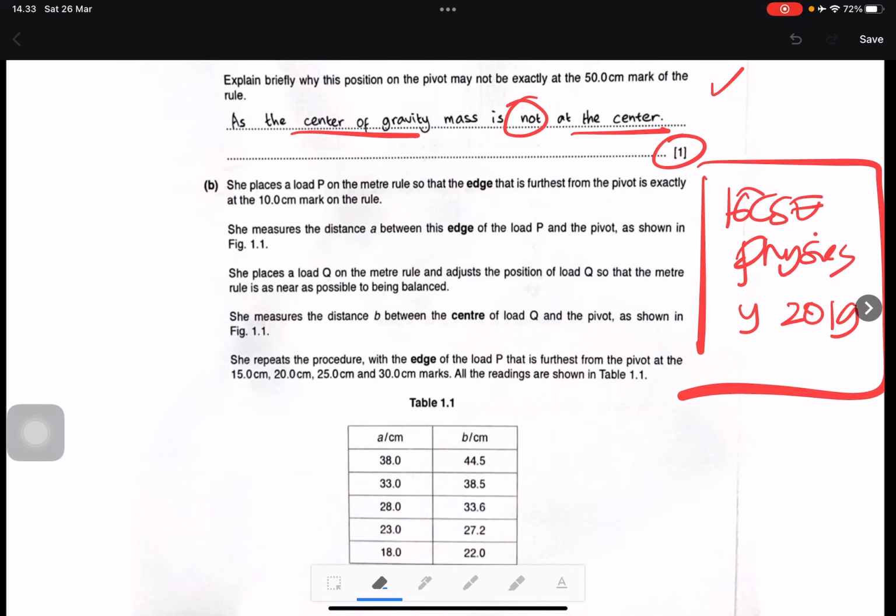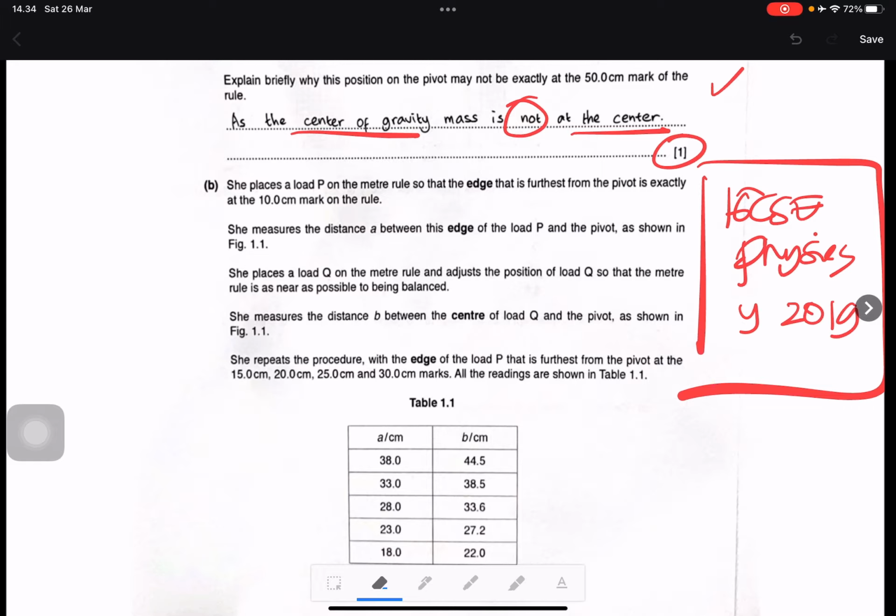She places a load P on the metre rule so that the edge furthest from the pivot is exactly at the 10.0 centimeter mark on the rule. She measures the distance A between this edge of the load P and the pivot, as shown in figure 1.1.